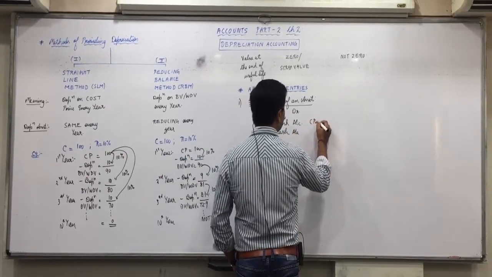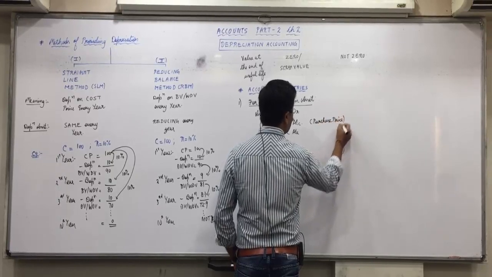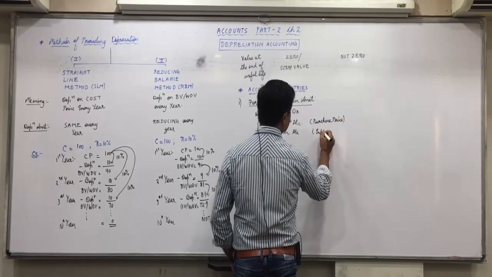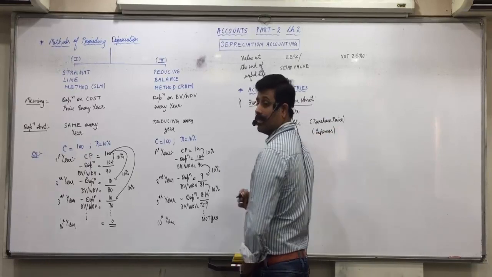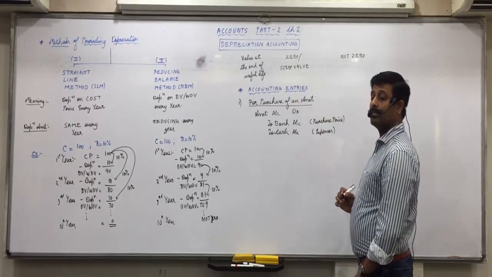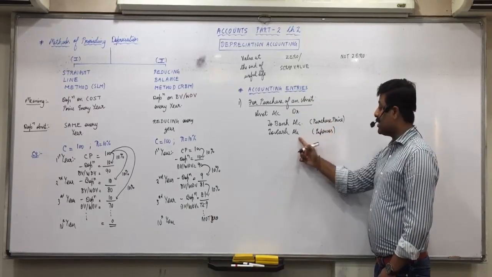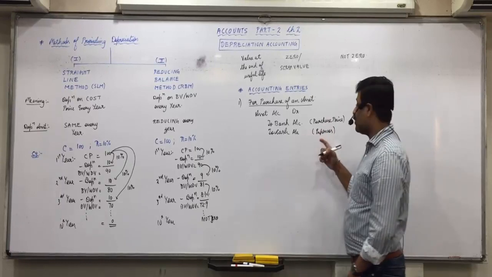Bank account will be with the amount of purchase price, cash will be with the amount of expenses.